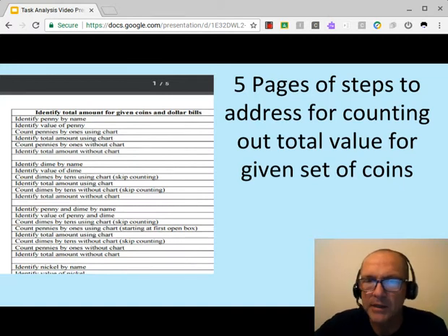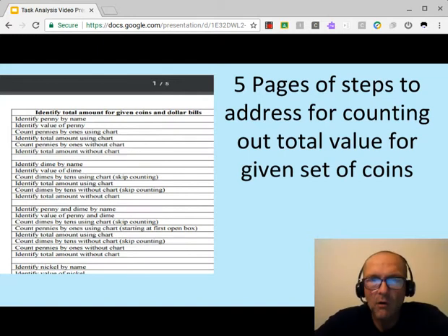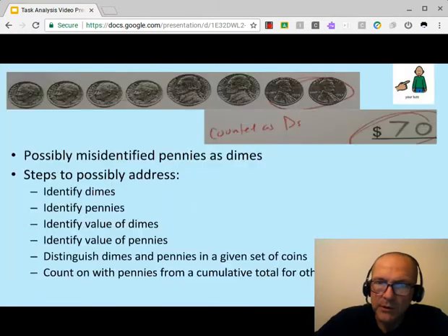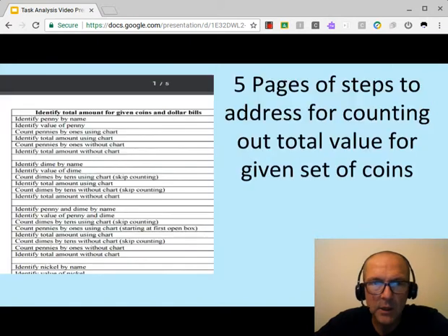On an aside, when we did the consumer math course, I looked at all the steps involved in teaching a student to count out the total value for a given set of coins. As you saw here, once you start mixing up coins, then all of a sudden the student can get confused.